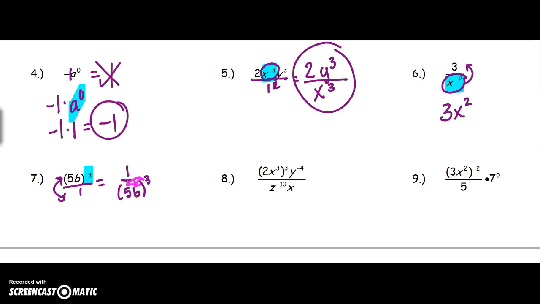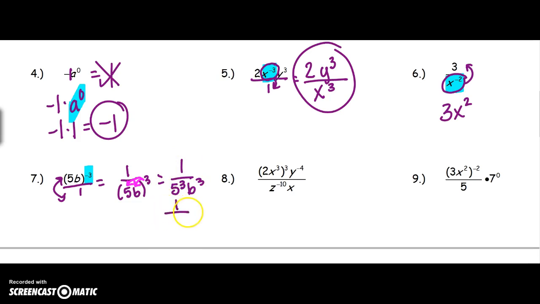So your answer would look like 1 over 5 to the third b to the third. But remember, I told you that you have to simplify when you have anything raised to the second power or the third power. So we have to simplify this 5 to the third power.